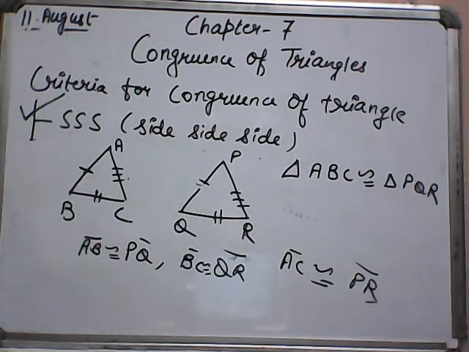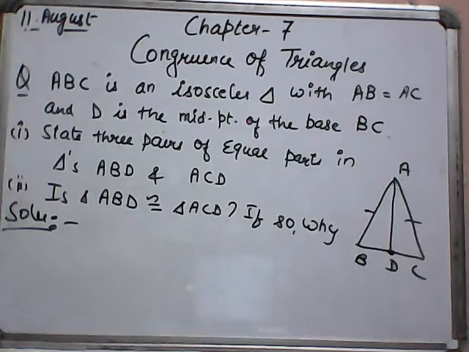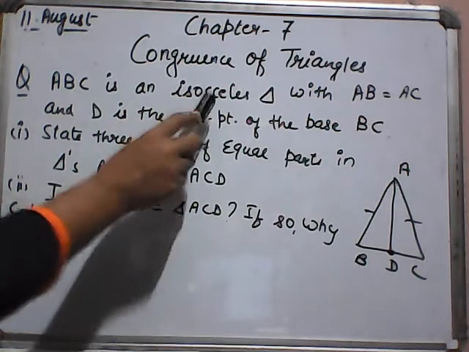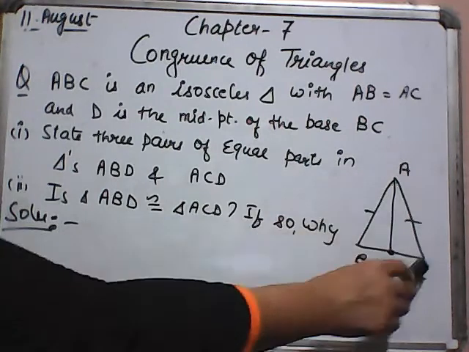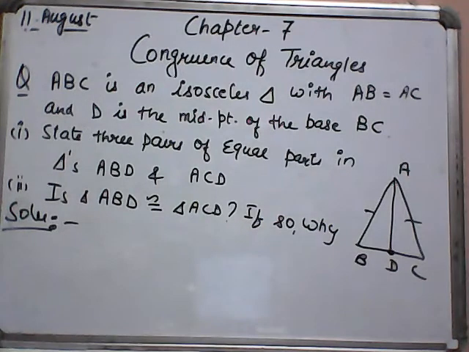Let's do some questions based on side criteria. In this question, triangle ABC is an isosceles triangle with AB side equal to AC side. Isosceles triangle means two sides are equal to each other. And D is the midpoint of base BC.